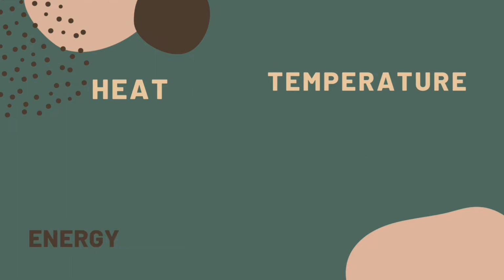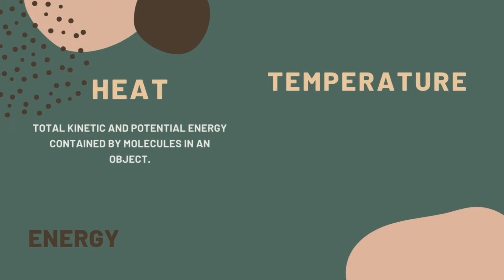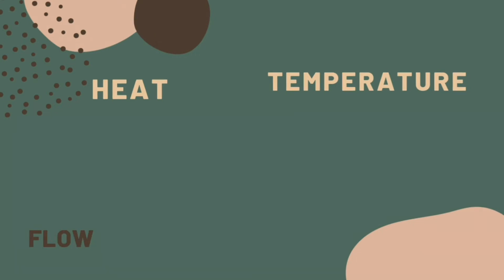Now, energy for heat is the total kinetic and potential energy contained by molecules in an object, and the energy for temperature is the average kinetic energy of molecules in a substance. The flow movement for heat is that heat flows from a hot body to a cold body.